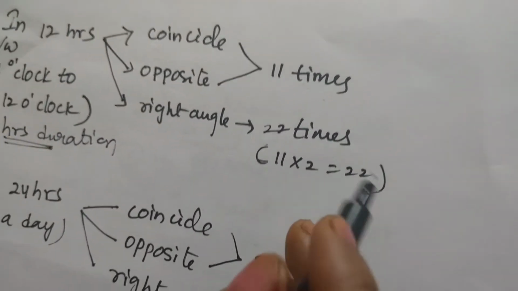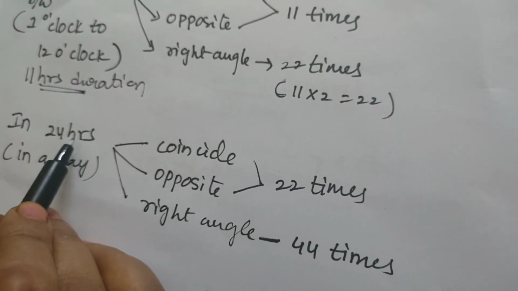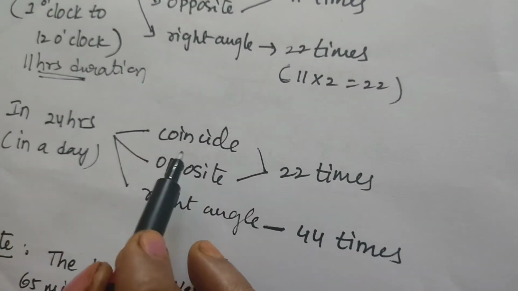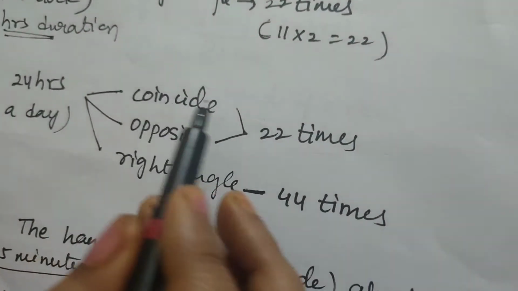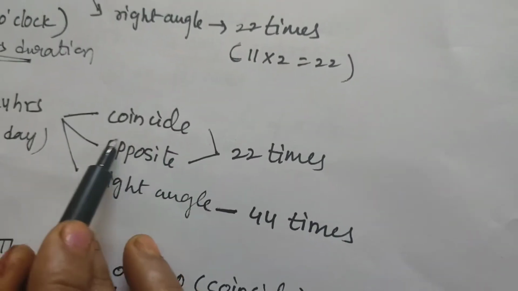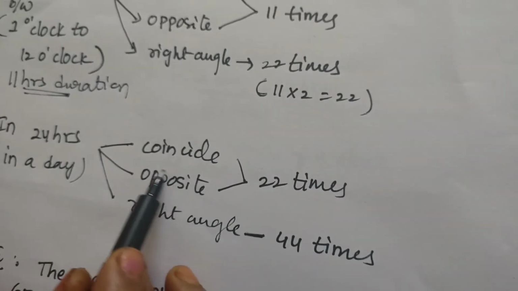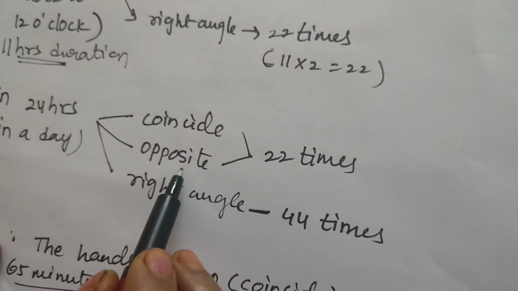Similarly we can see in 24 hours, that is in a day. How many times will the hands coincide? 22 times. How many times will the hands be in opposite direction or in a straight line? 22 times, because the number will be double.